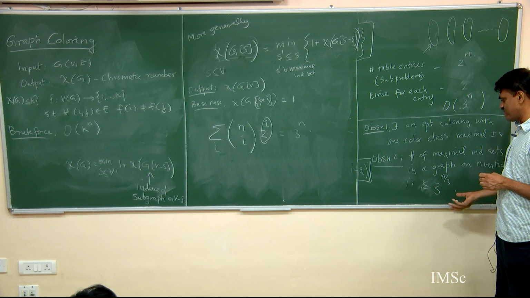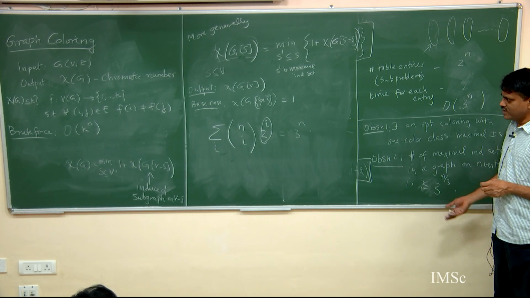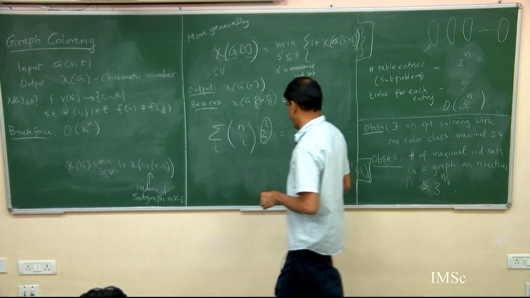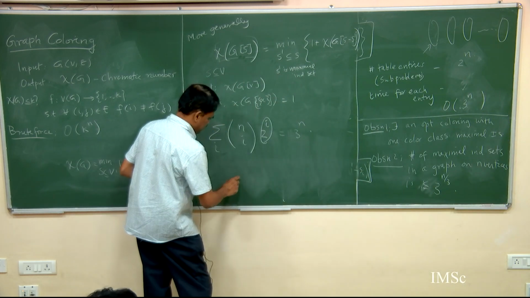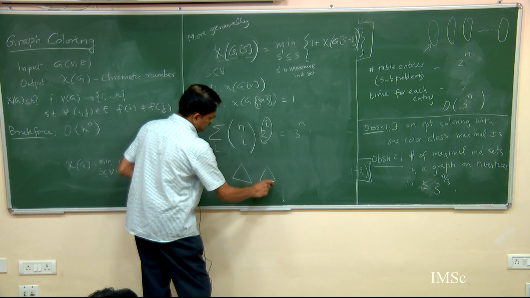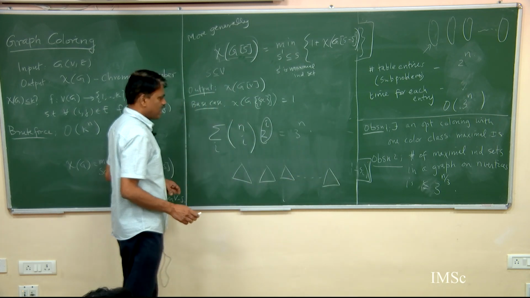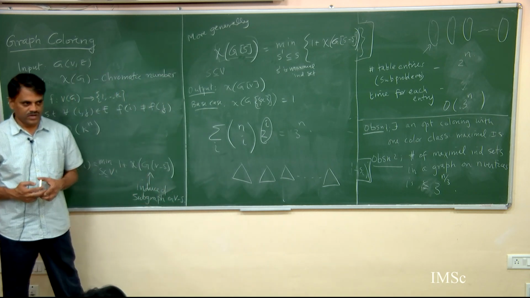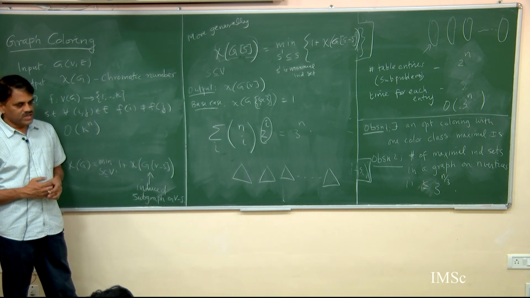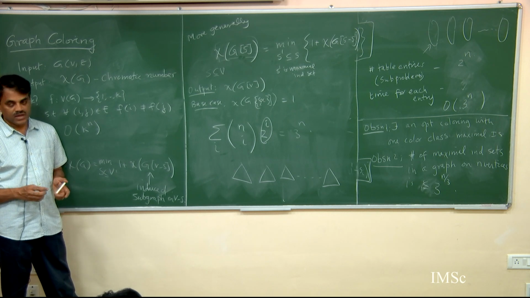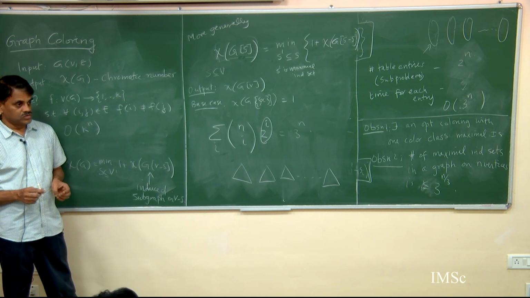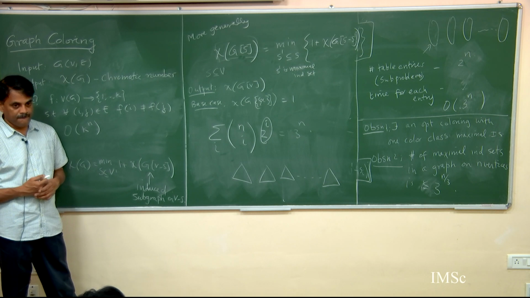So, what is a graph where there are so many maximal independent sets? Look at the following graph. There are n by 3 triangles, that is my whole graph. What is a maximal independent set in this graph?